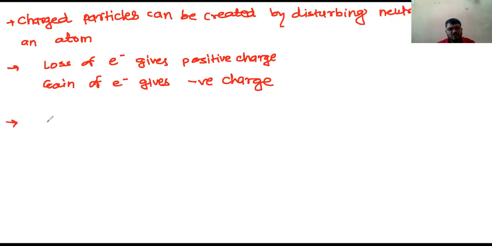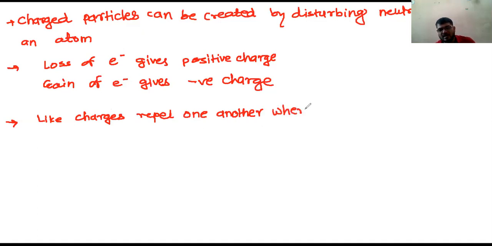So next point is what? Like charges repel one another. Okay. Whereas unlike charges attract. Clear? For example, you can see here positive, positive, negative, negative.